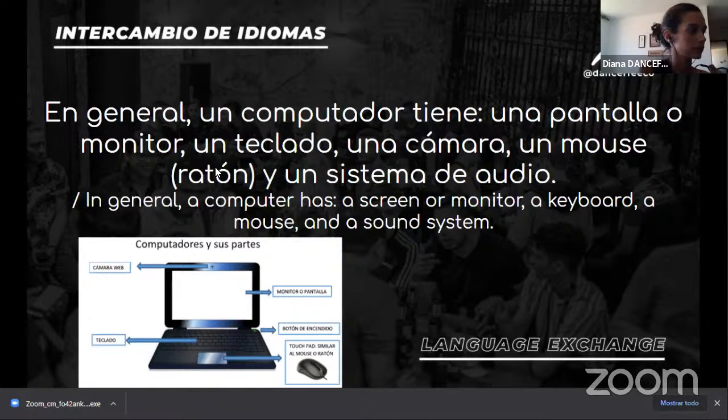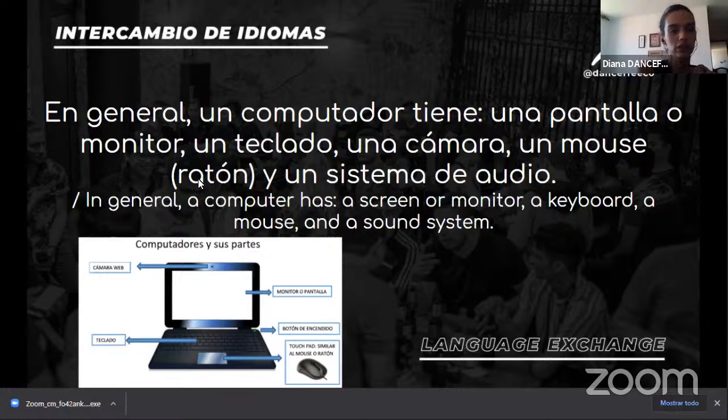Okay, so I'm going to read it again and then I will read what it means. En general, un computador tiene una pantalla o monitor, un teclado, una cámara, un mouse o ratón y un sistema de audio. Okay, so I'm talking in general about the parts of a computer.